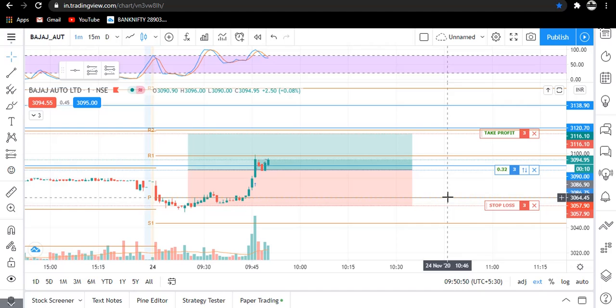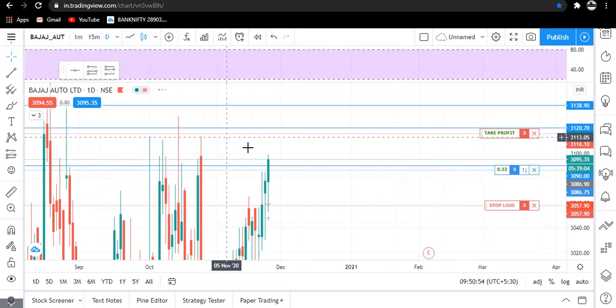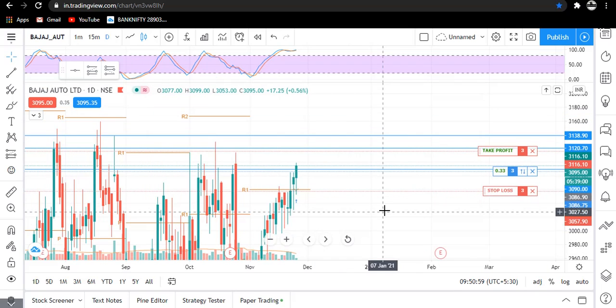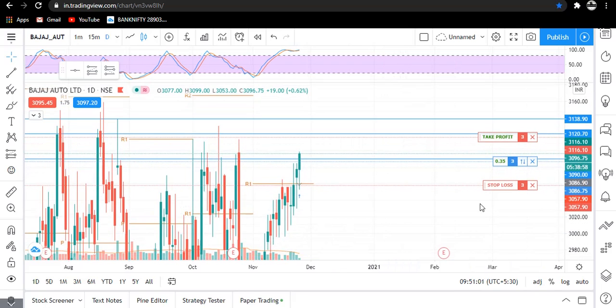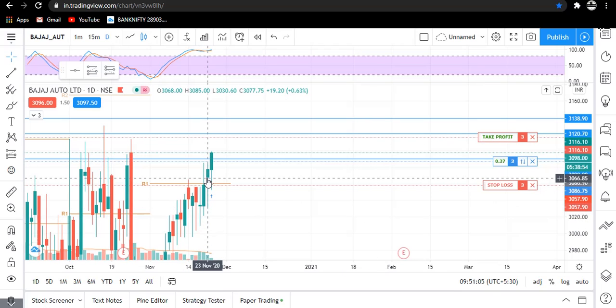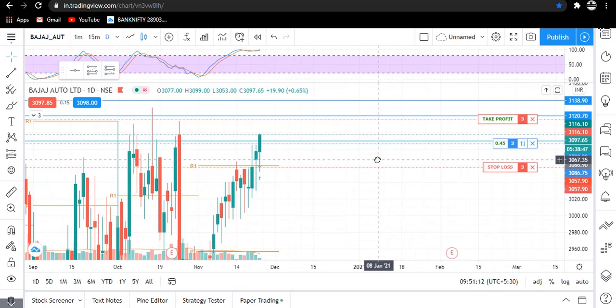Now let me explain the setup. Let me open the chart of the day time frame. So here it is. Traders, this is the candlestick of 23 November, that was of yesterday. Let me zoom in some more.